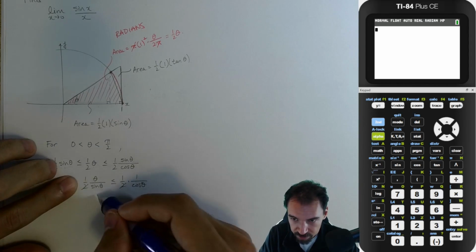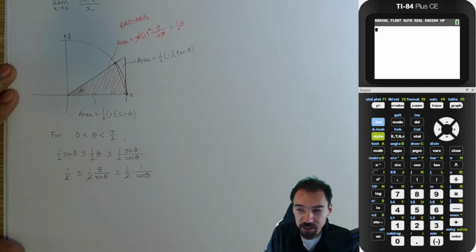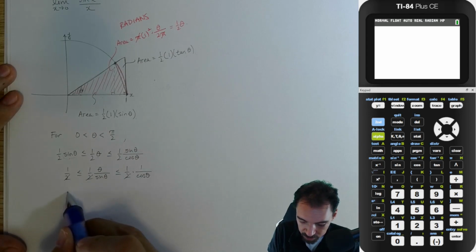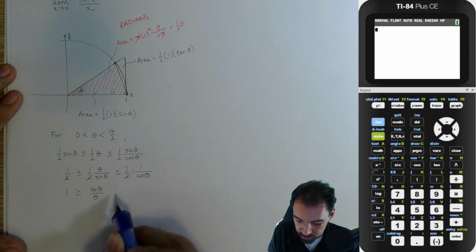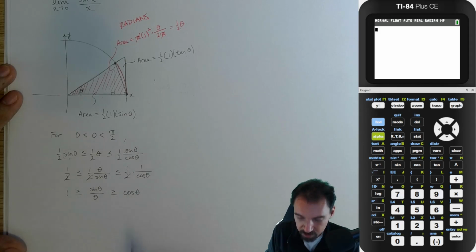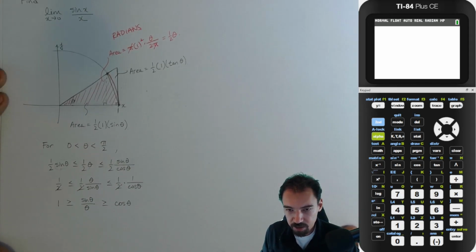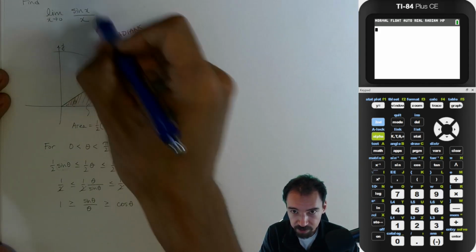I'm going to take this and reciprocate and get sine theta over theta. When you do that with an inequality, you end up with the opposite direction inequality. Same thing here. If I take the reciprocal of 1 over cosine theta, I just get cosine theta. Okay? Now, this is the same thing as that.